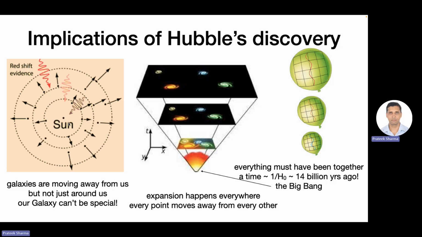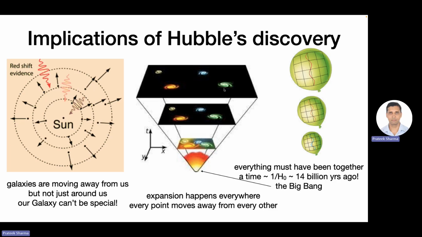So this whole Copernican revolution suggests that we're not in a special place. So this is not the right interpretation of Hubble's law. Right. So this cartoon is in fact a more physical interpretation of Hubble's law.